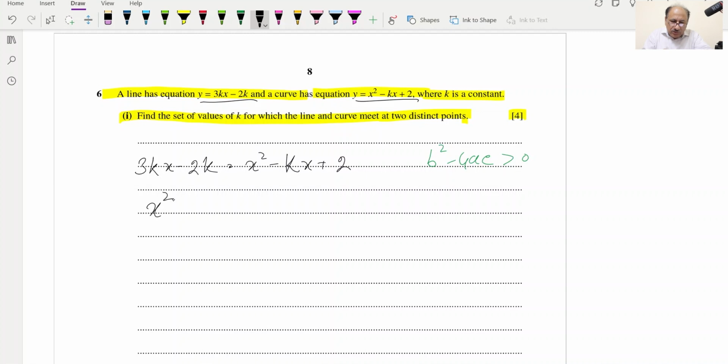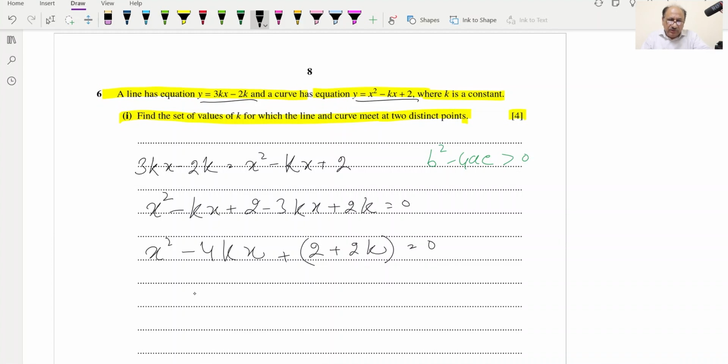We will get x squared minus kx plus 2 minus 3kx plus 2k is equal to 0. Simplifying, this will be x squared minus 4kx plus (2 plus 2k) equal to 0.